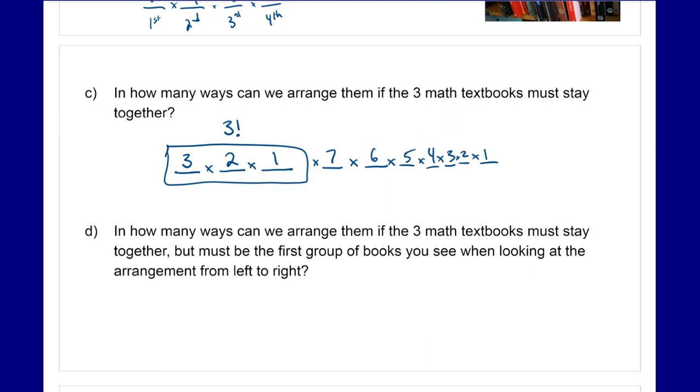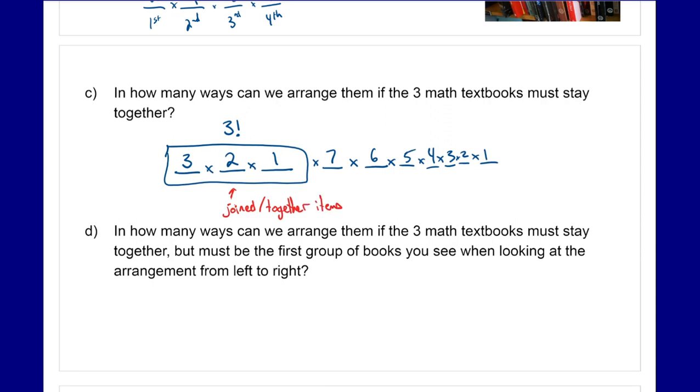This group of 3 could be somewhere in the middle. They could be after the first textbook. So you have to think of this group as joined or together items.